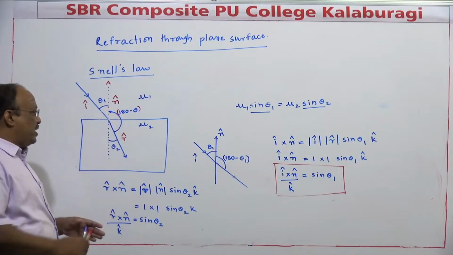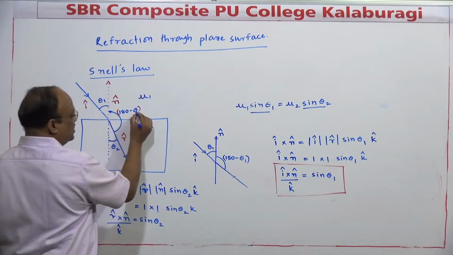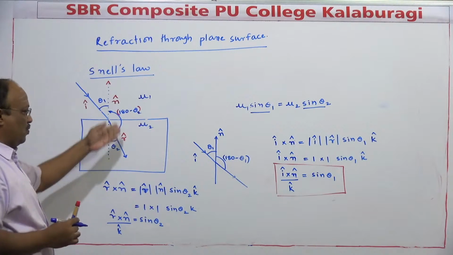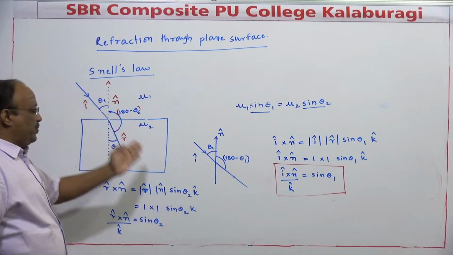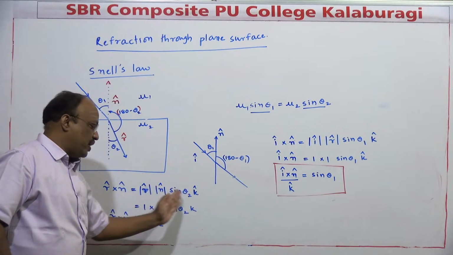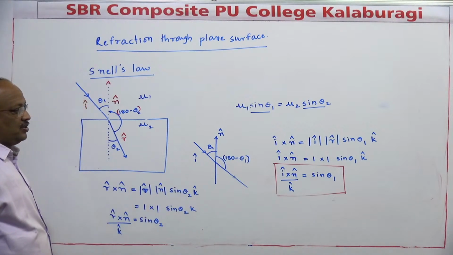Here also, sine of 180 minus theta 2 will be sine theta 2 only. So that is why I have kept it like this.